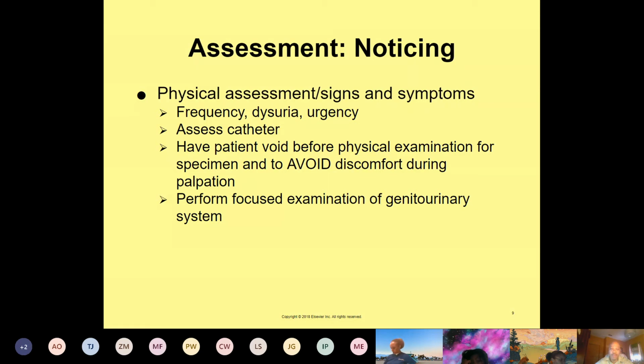All right, so have them give you a specimen and thereby empty their bladder, and then you can proceed with your examination. And also you can perform a more focused examination of the genitourinary system.